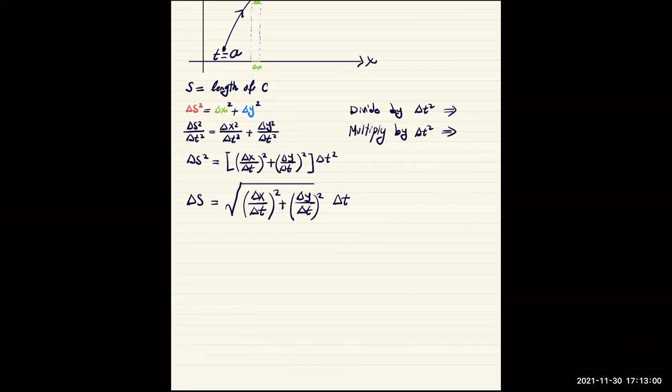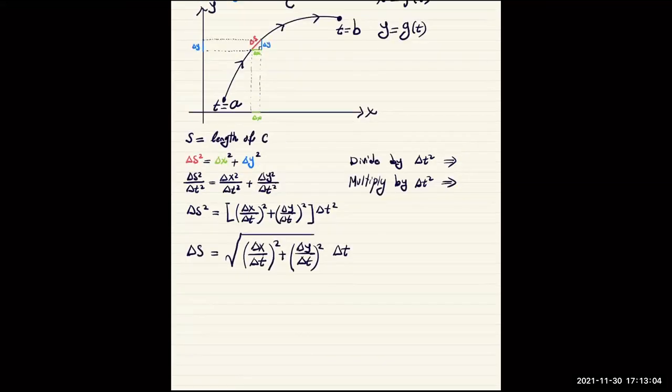This is how you can represent an increment of length in terms of these ratios: change in x over change in time squared plus change in y over change in time squared, times change in time.